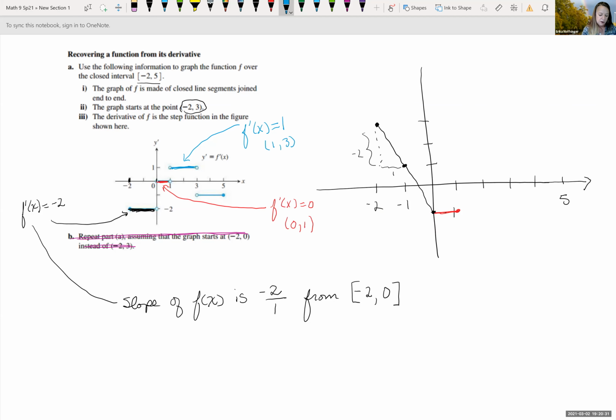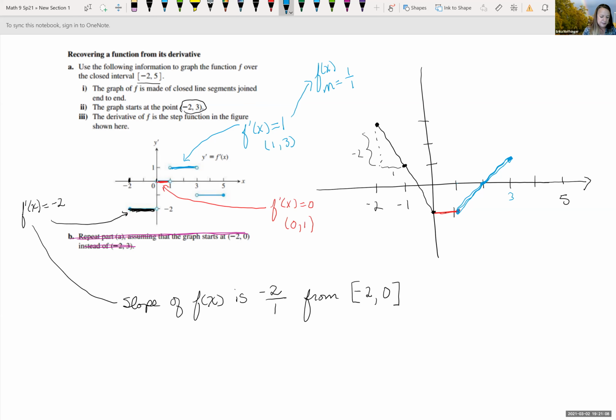So that tells me my original function, f of x, has a slope m equal to 1, or 1 over 1, to put it in the form of rise over run. From here I'm going to rise up 1 and run over 1 to get another point. And this is where 3 is, so we can stop. So that line segment of f of x between 1 and 3 looks like that.